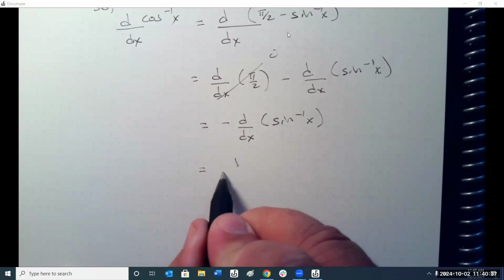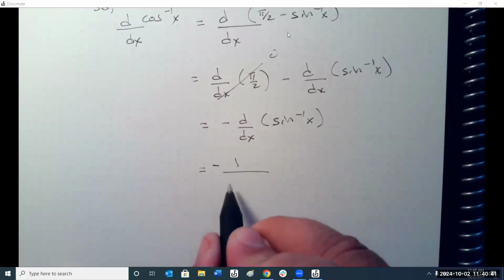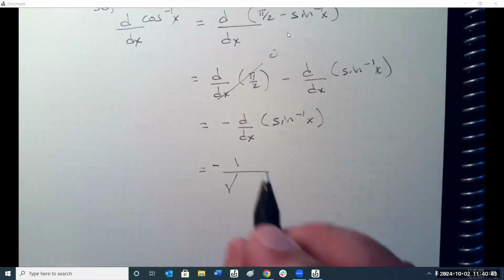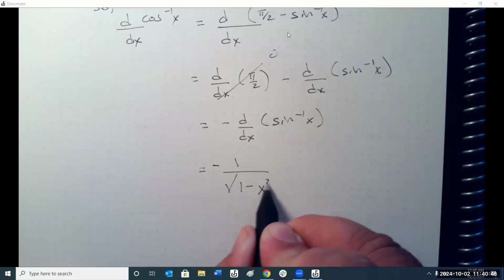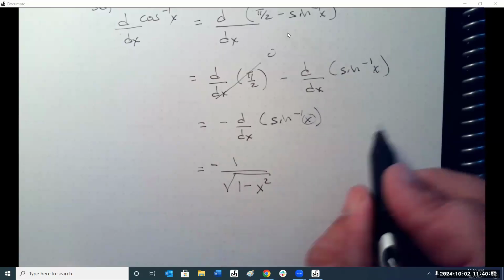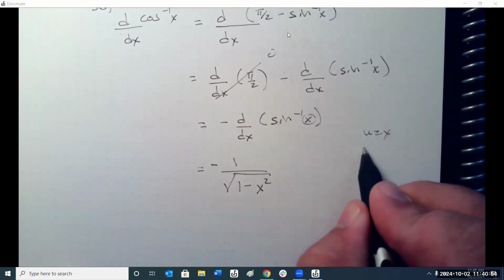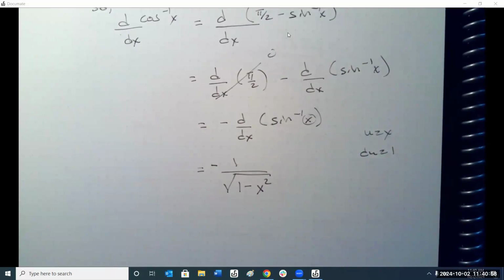So it's negative, I should say, 1 over the square root of 1 minus x squared. Since this is our u, du equals 1. So it just equals that. And that's all there is to it. Just use the charts.